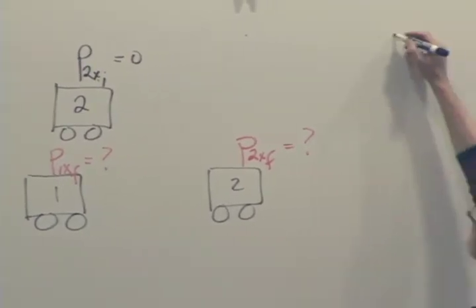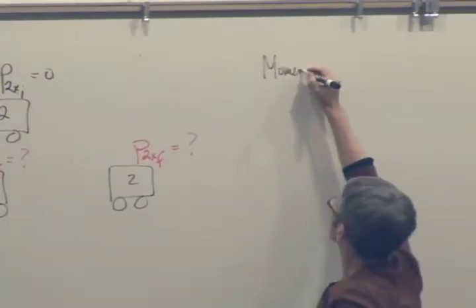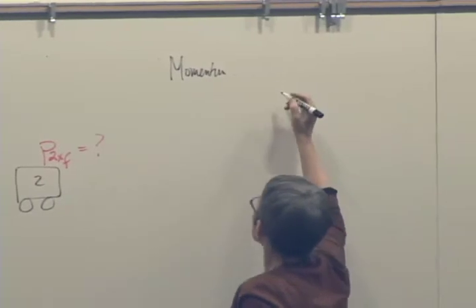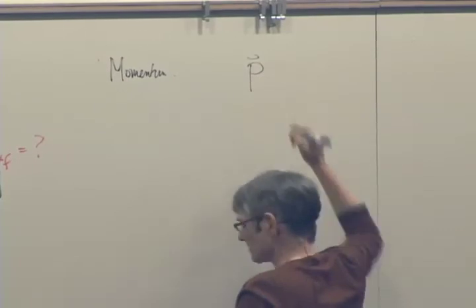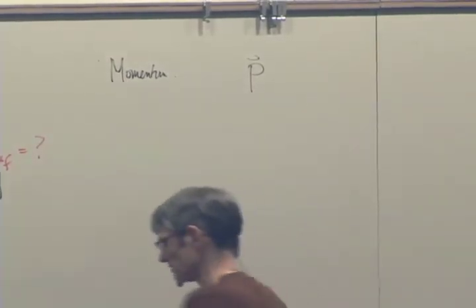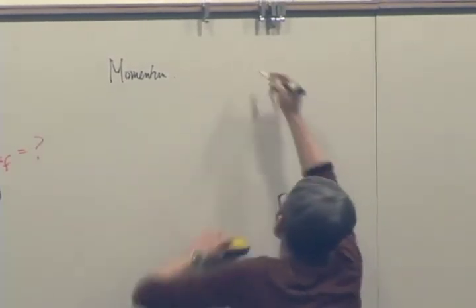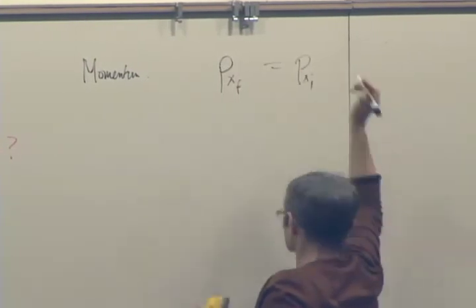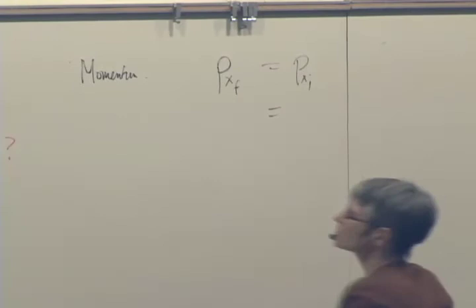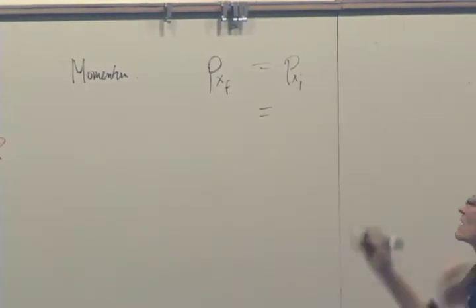So let's start with the momentum principle. So we have the final momentum of the system. Well, let's only talk about x. Px final, px initial. So initially, what do we have?